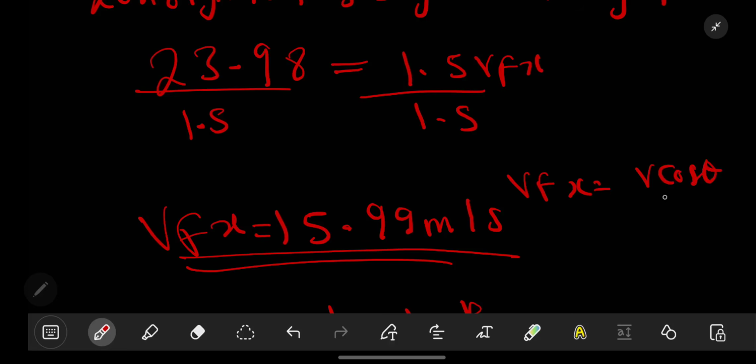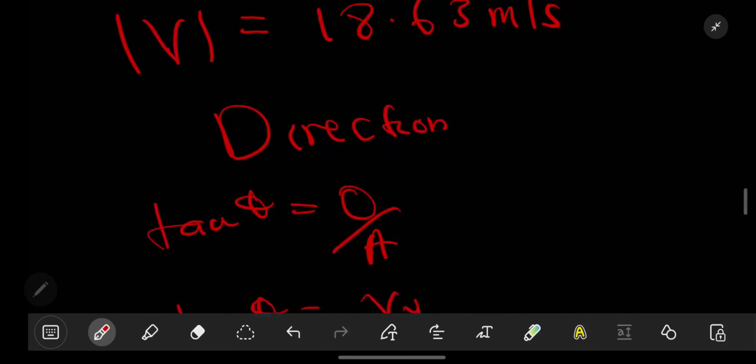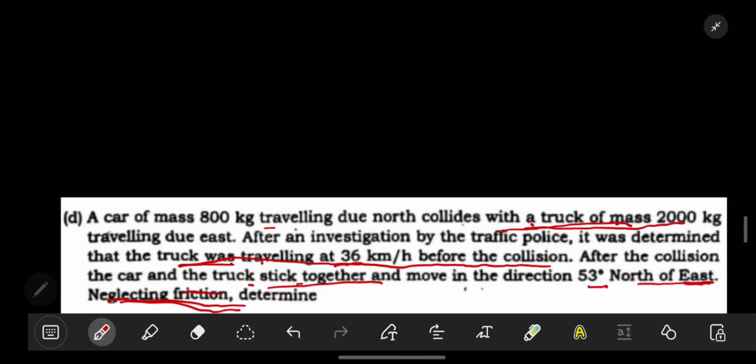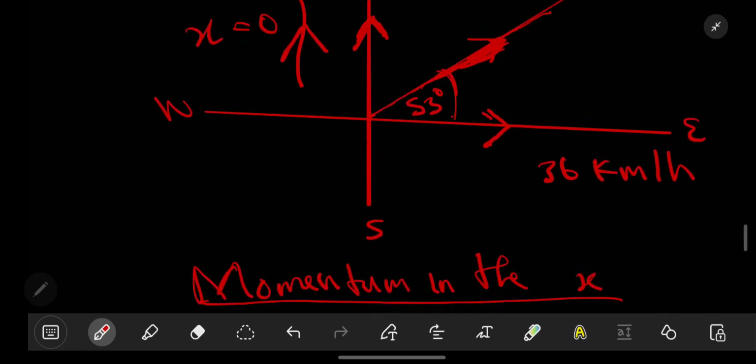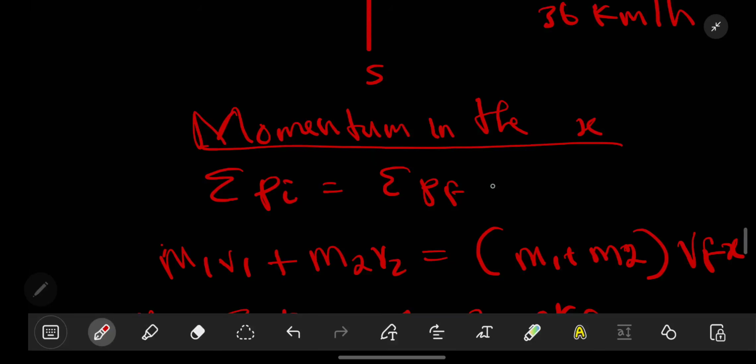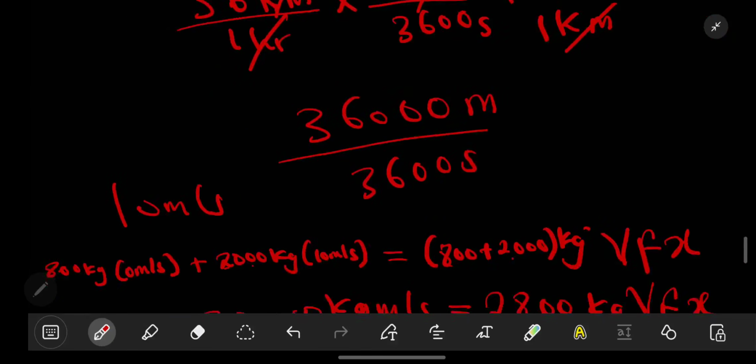It is okay, but you don't know the angle at which the Falcon began to move after it caught it. But here we are provided that after impact they moved with the cos of 53. So if you know the angle already, you can find the resultant speed just by using the resultant velocity in either the x or the y.